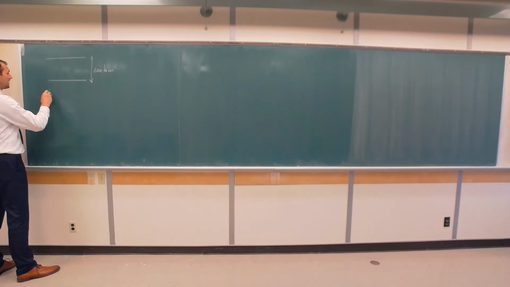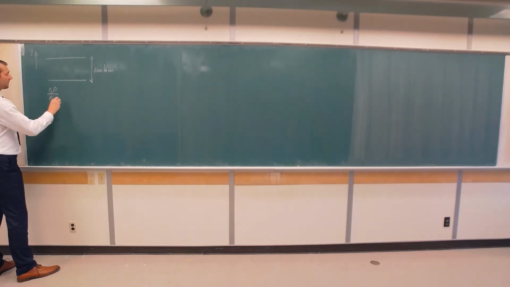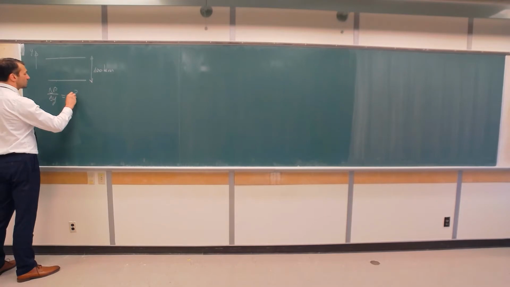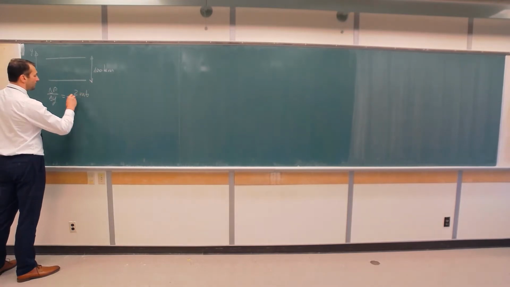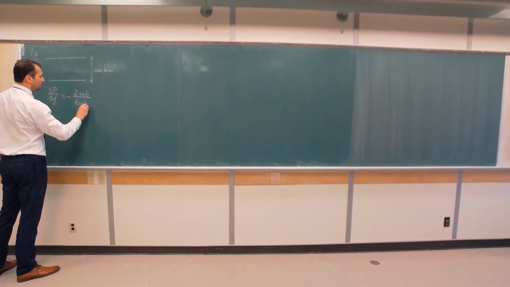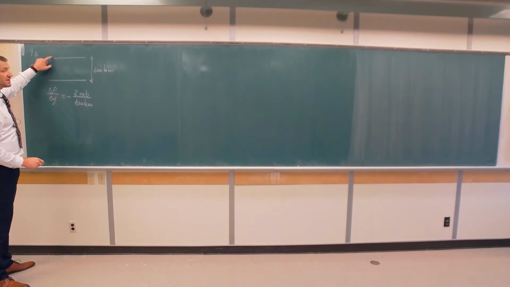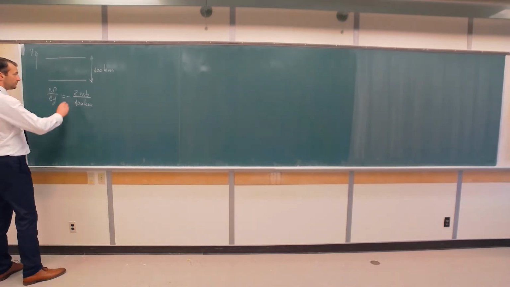then the pressure gradient delta P over delta Y, because this is meridional, so this is the Y direction, is equal to minus 2 millibars over these 100 kilometers. So when I move from here to here, and these are isobars, the pressure dropped by 2 millibars.